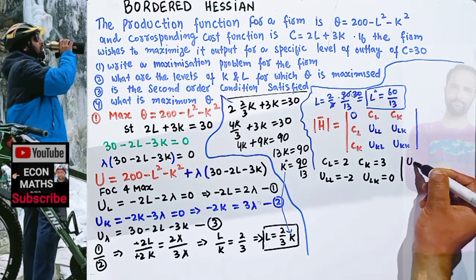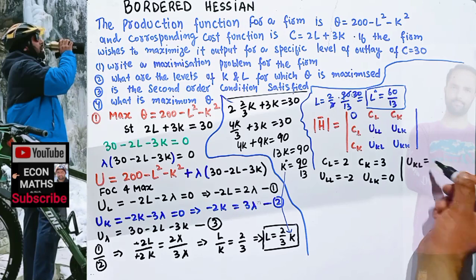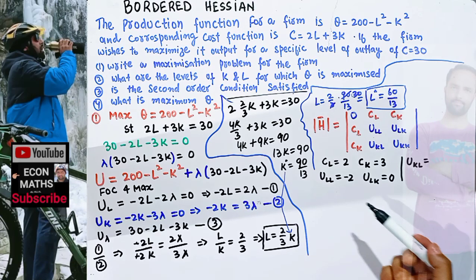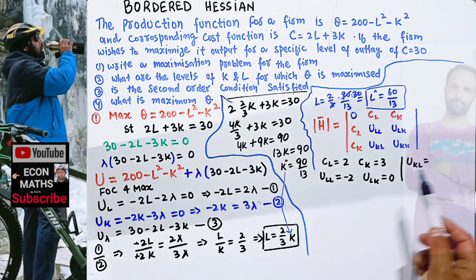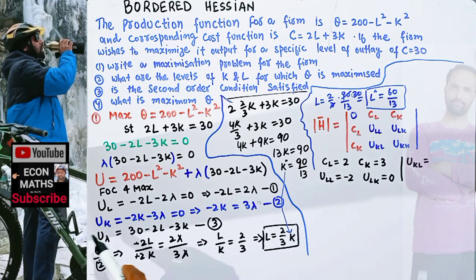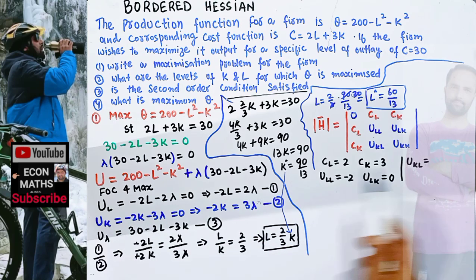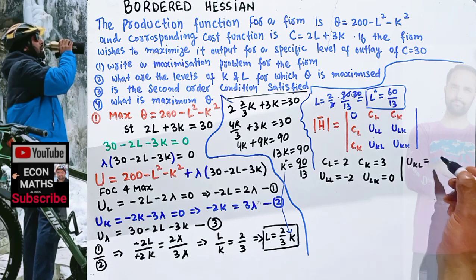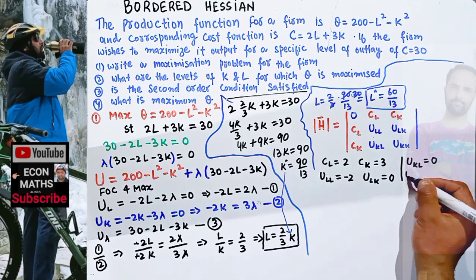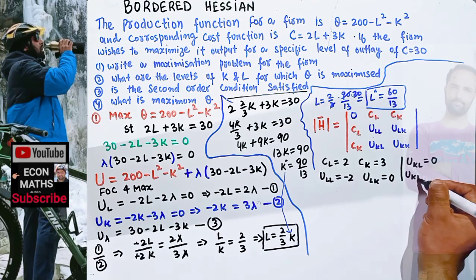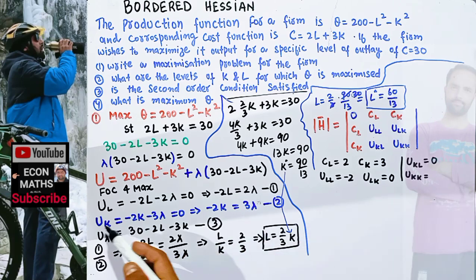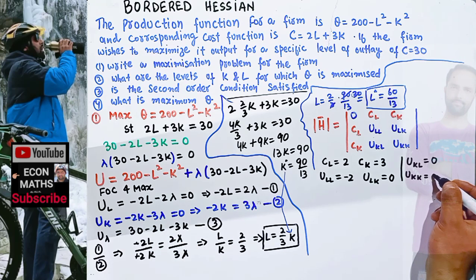Similarly UKL will also be 0 by Young's theorem. Again, no L is involved, so its derivative is 0. Then UKK means partially differentiating this function with respect to K, so we are left with minus 2.